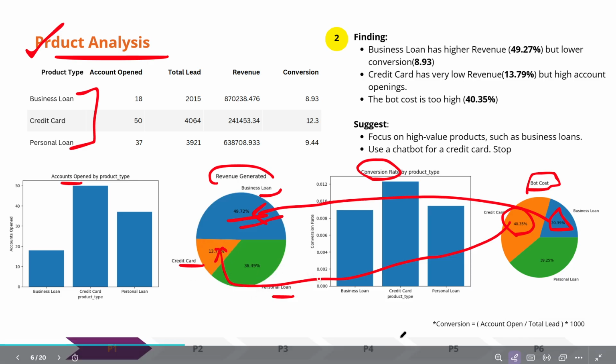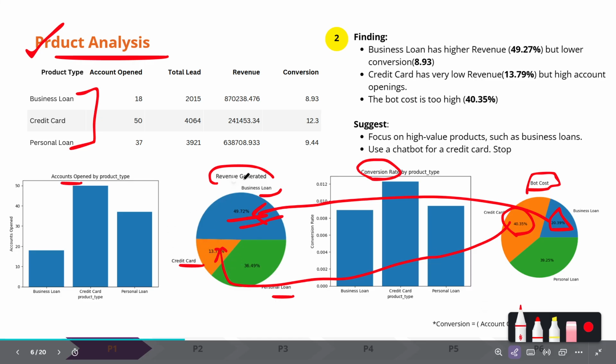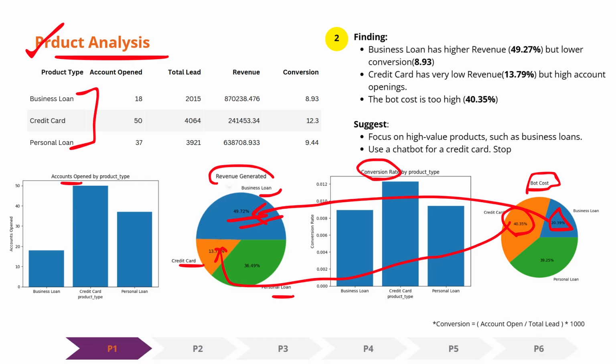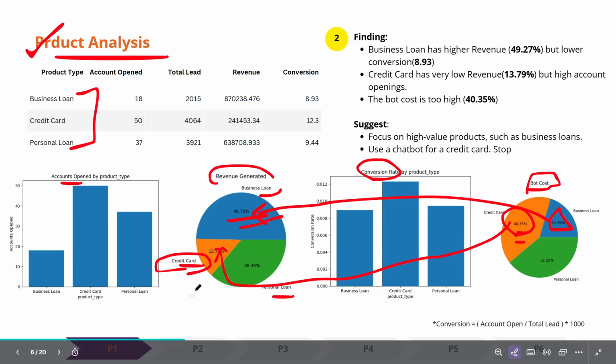Note that this whole analysis is done on the current scenario; it does not consider the time parameter. Maybe the credit card costs 40% now, but with time the revenue may be 60 or 70% in the future.